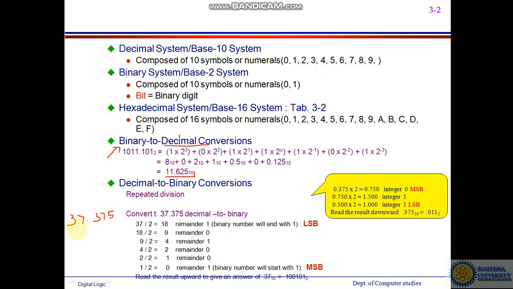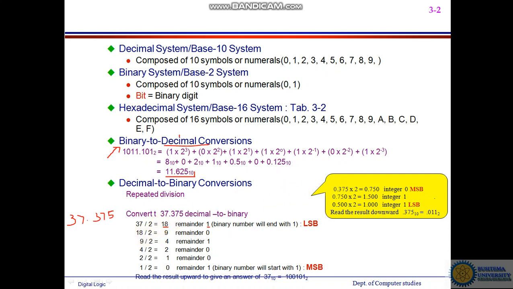37.375. So now let's divide this number. 37 divided by 2, we shall get 18, and the remainder is 1. So that means we have this as 1. Then we continue with 18 divided by 2.